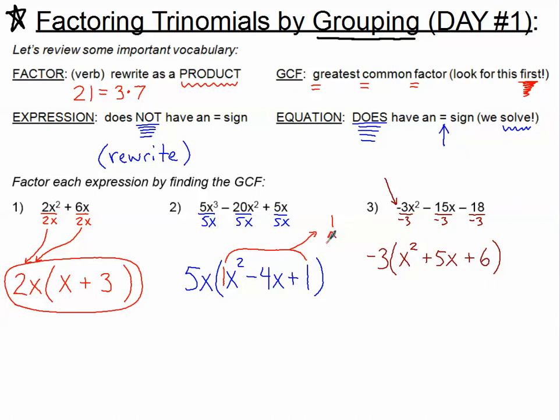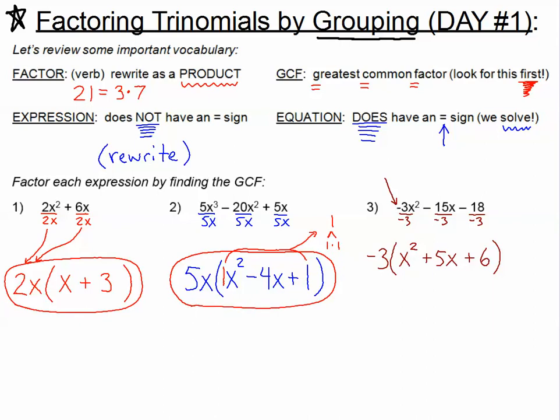Well, the only way to get 1 is just 1 times 1. So there's only one pair of numbers. And unfortunately, that pair of numbers is not going to help us get negative 4. So that must mean that this trinomial cannot factor anymore. And pulling out the GCF must have been all that we could do. So I'm just going to circle that. That's all that we can do in this problem.